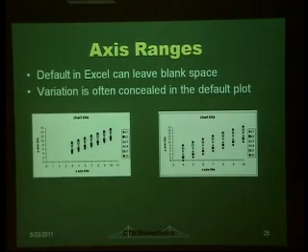Now if you look at the one on the left, they're all very squashed. It looks like there's not a whole lot of variability in those data sets. If you look at this one over here, you can see they're spread out a little bit more than are seen over here. So this is one of those examples of making sure everything is set appropriately, and you're actually representing what's truly going on in the data.